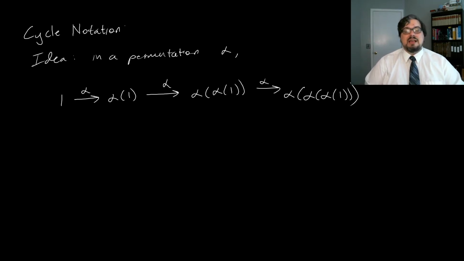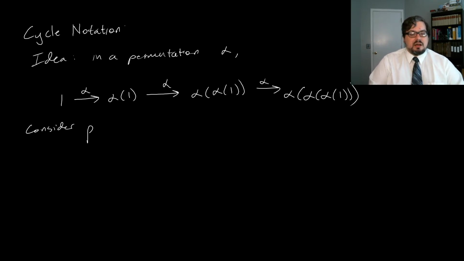And so the cycle notation takes advantage of this fact when we're looking at permutations on finite sets in order to more efficiently write down a permutation. So let's consider the beta permutation we had before that sits in S_5.